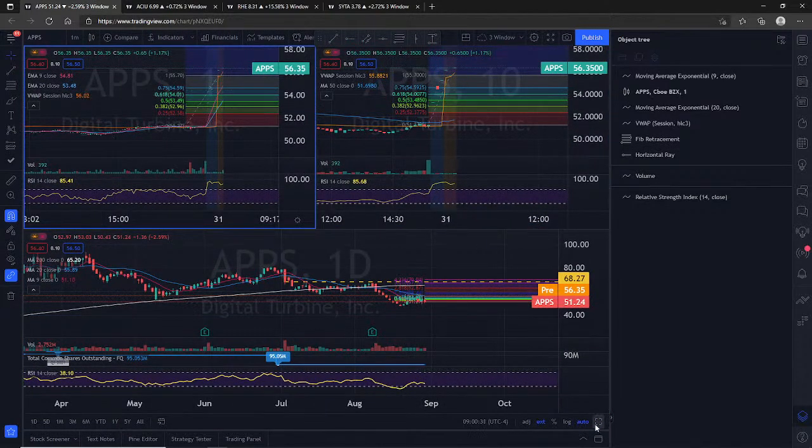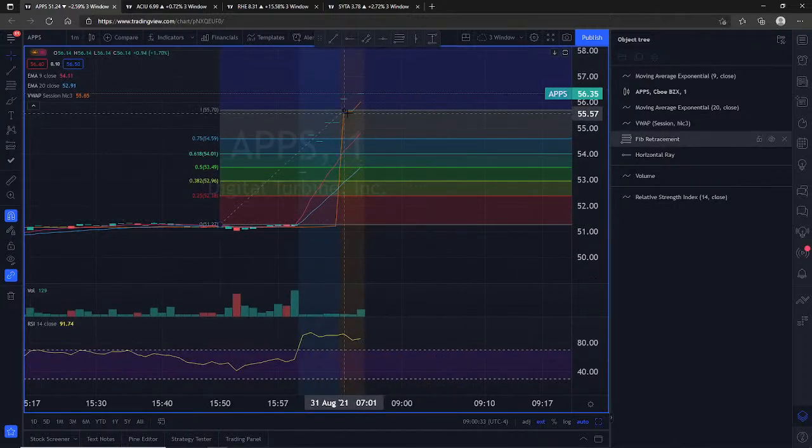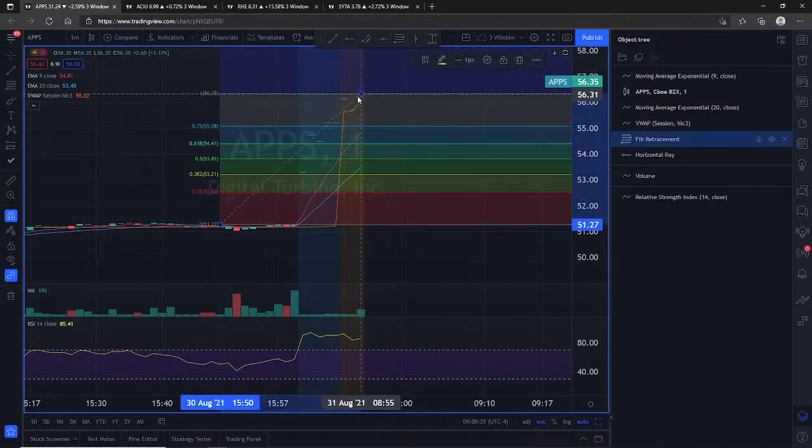Actually, I'll use the 1 minute. Lately what I've been doing is waiting and adjusting my Fibonacci levels to the open. Once this thing decides where it's going to open, it sets up a couple of different trades.